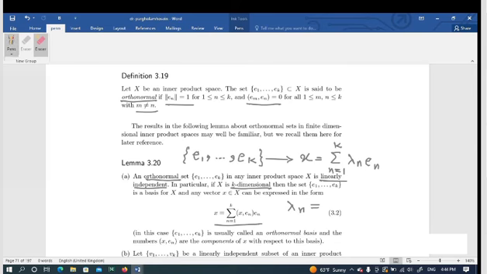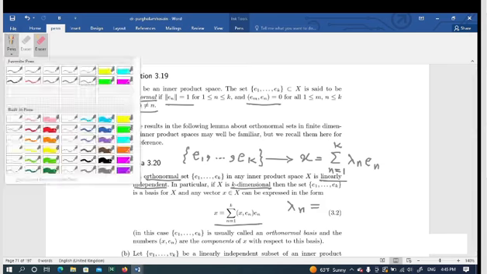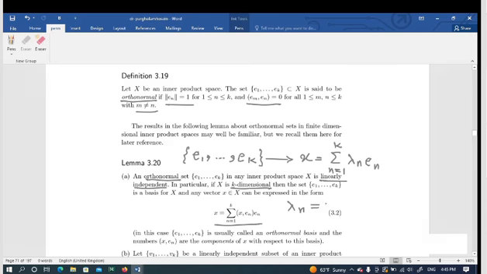So here we must find lambda n, and it can be difficult to find lambda n for x, but here lambda n can be found very easily. Lambda n equals the inner product of x and En for an orthonormal basis.